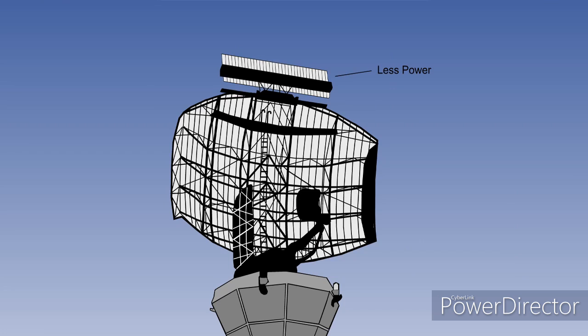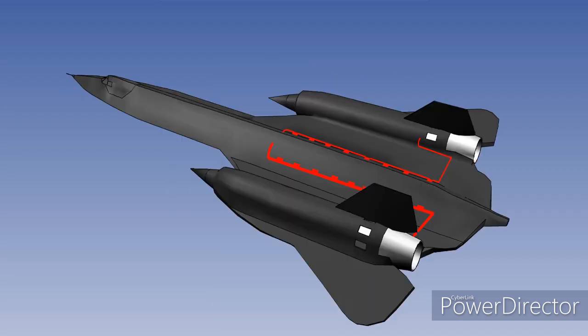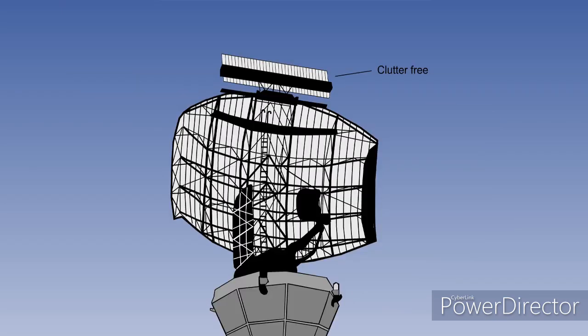SSR has the following advantages over primary radar. It requires much less transmitting power to provide coverage up to 200 nautical miles. It is not dependent upon an aircraft's echoing area or aspect. It gives clutter-free responses, as it does not rely on returning reflected pulses.